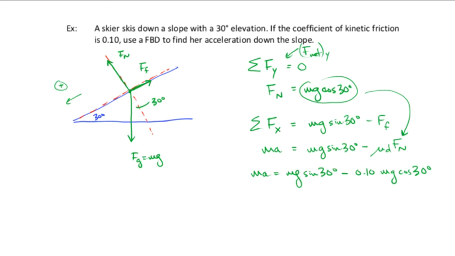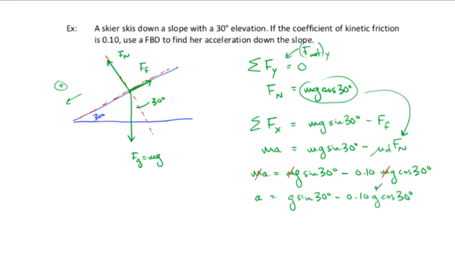There's our equation. Now, notice that at this point, mass cancels out, so we didn't need to know her mass. And the acceleration is equal to g sine 30 degrees minus 0.10 g cos 30 degrees.